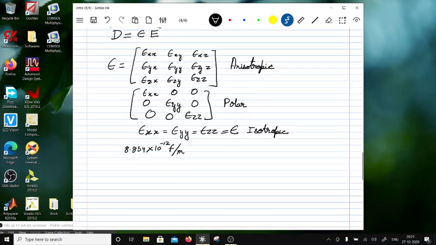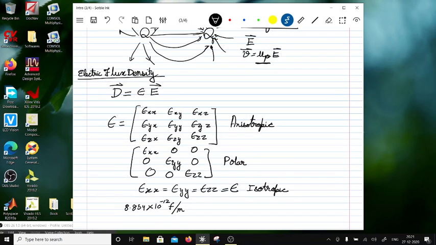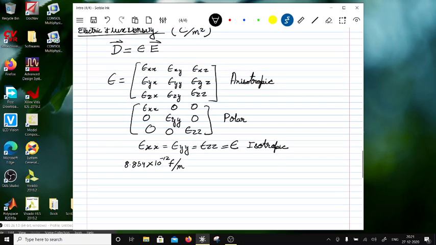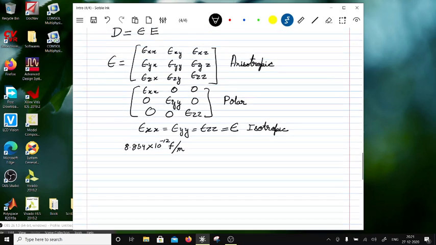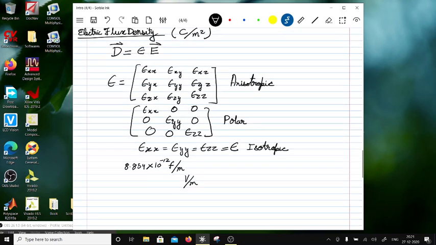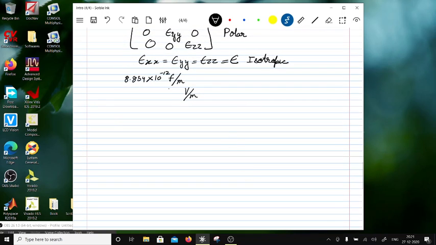Now what is the unit for electric flux density? It is going to be coulomb per meter square. Let's see if this makes sense. We have volt per meter and farad per meter. If you multiply these, it will be farad times volt per meter.